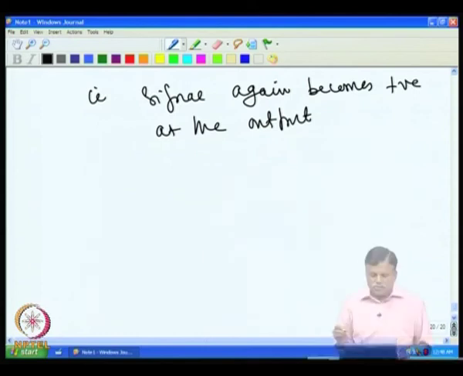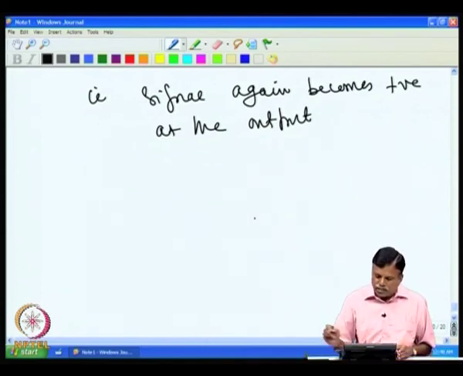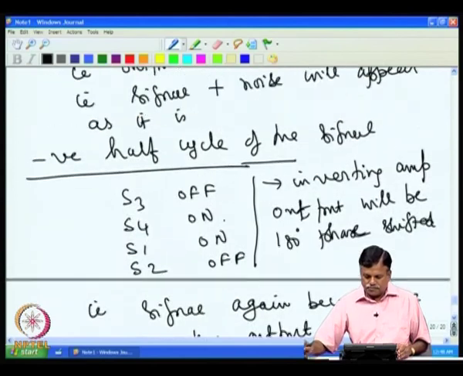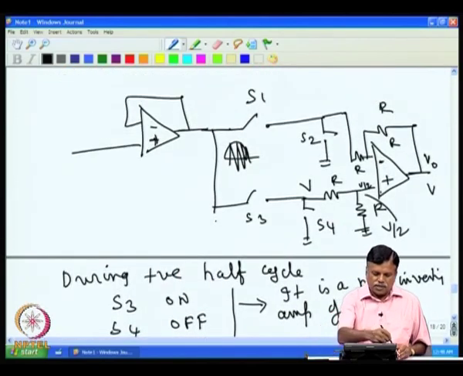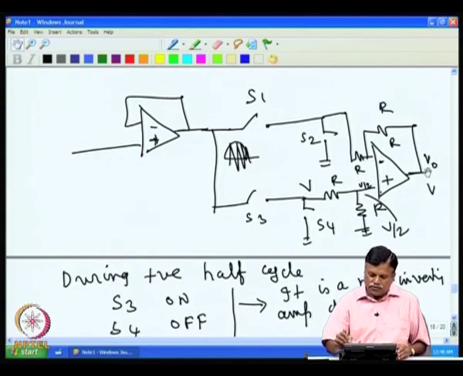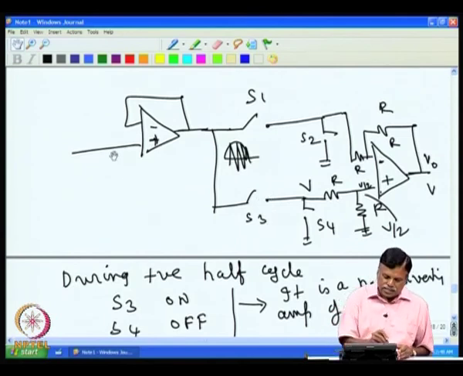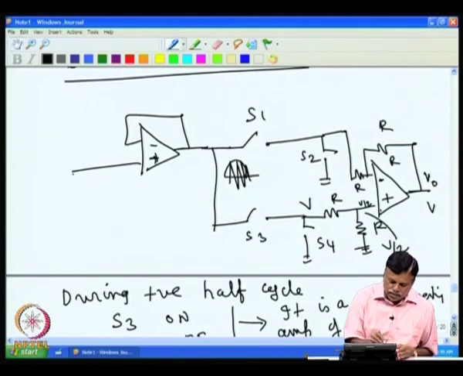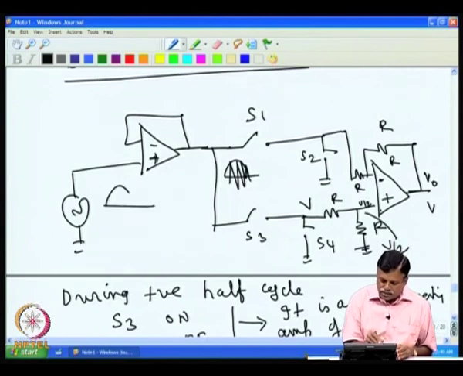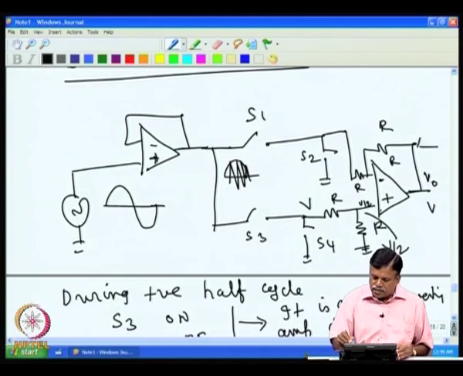So the net result is that if I look at the output V naught, if the switches are switched correctly, then during the positive half cycle of the signal, which is positive and negative, you will get the positive signal as it is.